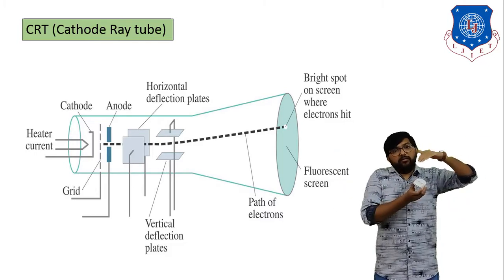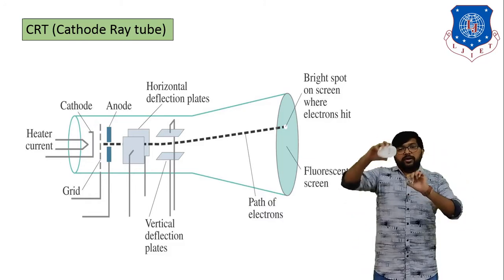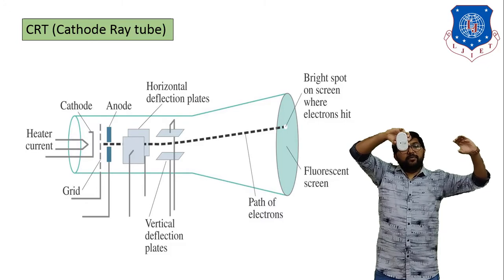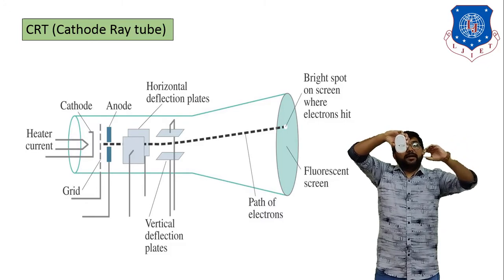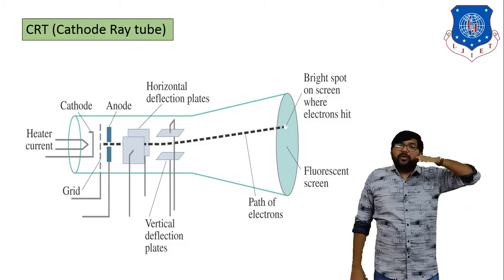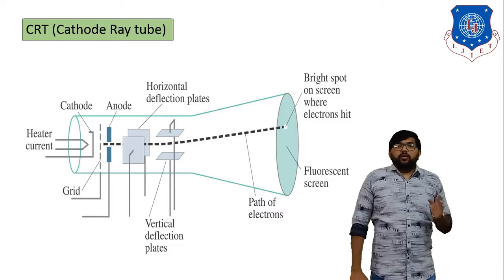So for converging the flow we use two anodes. If we put two anodes like this, at that time we can converge the flow and concentrate the electron beam in one single path. That's why we use two anodes there.